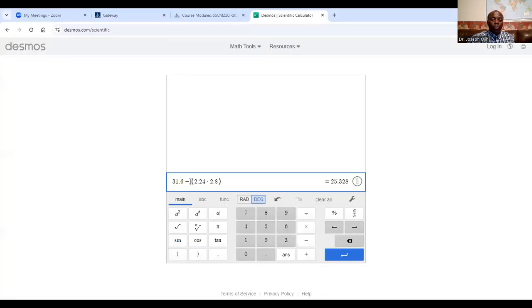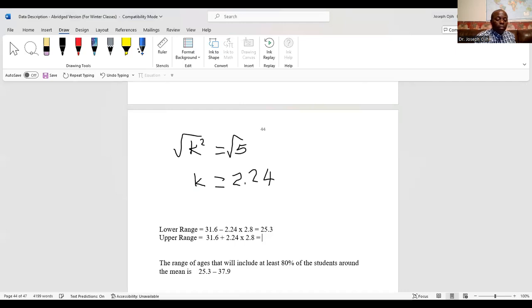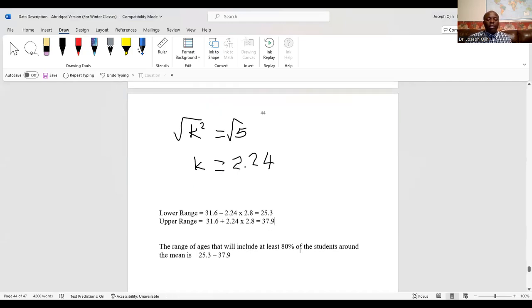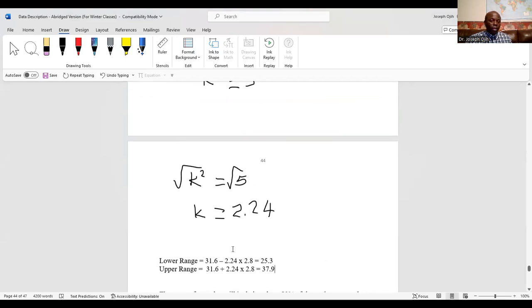That gives 37.87, basically 37.9. So the range of values that will include 80% of the students around the mean is 25.3 to 37.9 years.